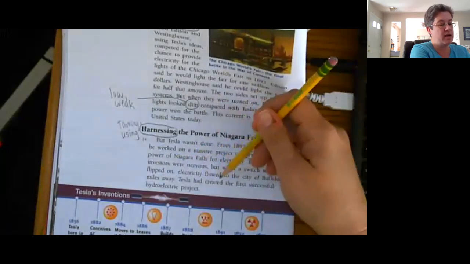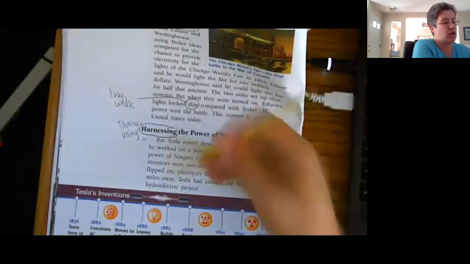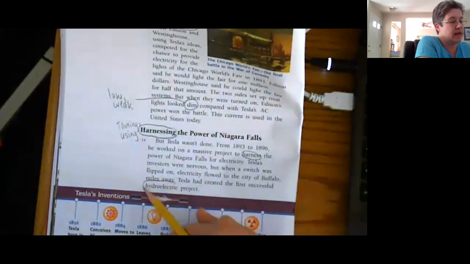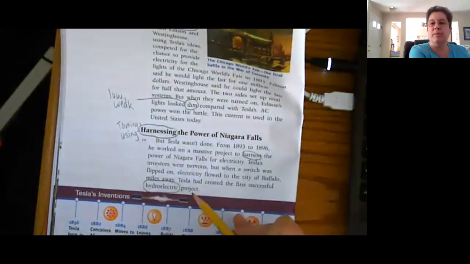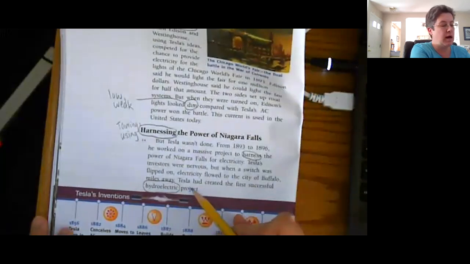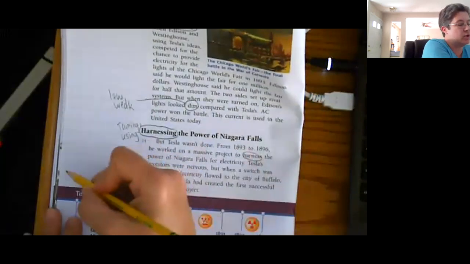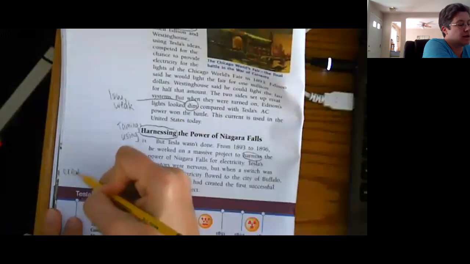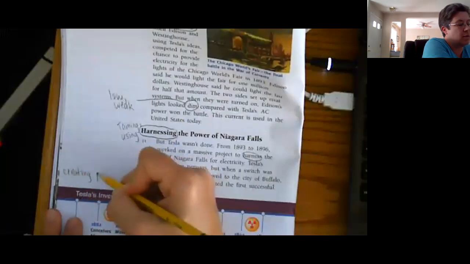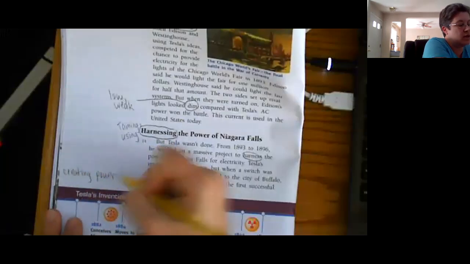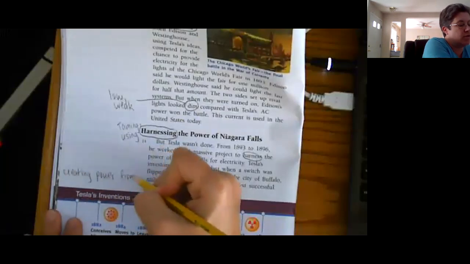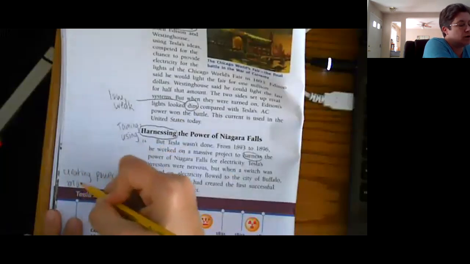Tesla had created the first successful hydroelectric project. And if you remember reading my essay on hydropower, hydroelectric means creating power or electricity from moving water.